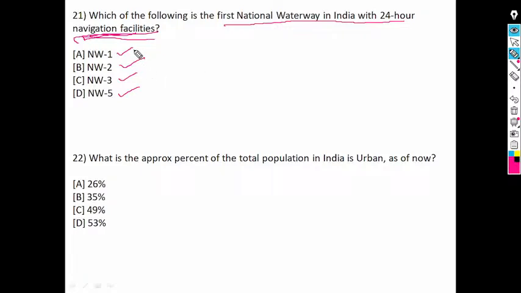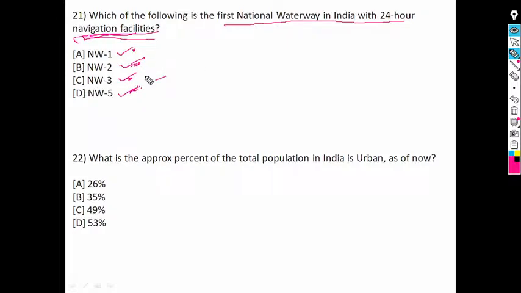National Waterway 1 is Allahabad and Hooghly, and National Waterway 2 is Sadia Dhubri, Assam. Waterway 3 is Kochi, Kollam, sorry Kozhikode, Kollam. National Waterway 5 is Brahmani in Odisha, Bengal.